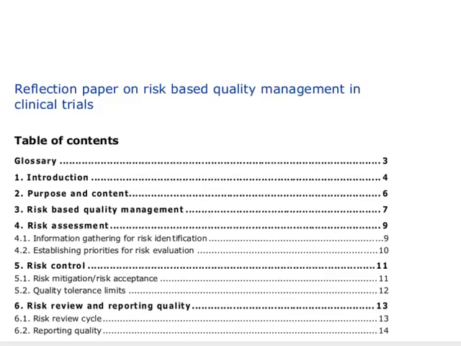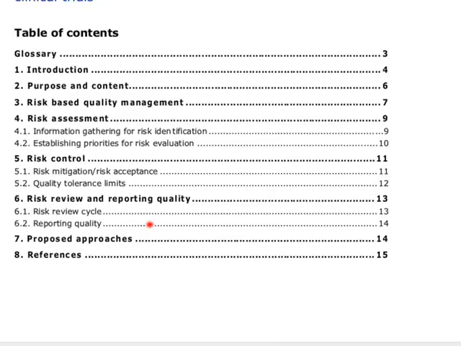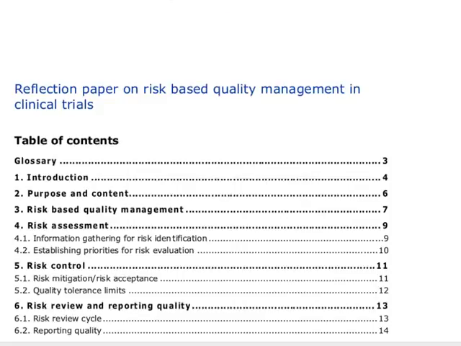So doing that risk assessment for gathering information, what do we need to know, and risk control, and really knowing how to identify what are the threshold values, how do we mitigate those risks, what are our quality tolerance limits. And if we wait until after our program is launched, we're not doing appropriate planning. So this paper, the EMA reflection paper, is really about having quality protocols and doing that quality planning up front.